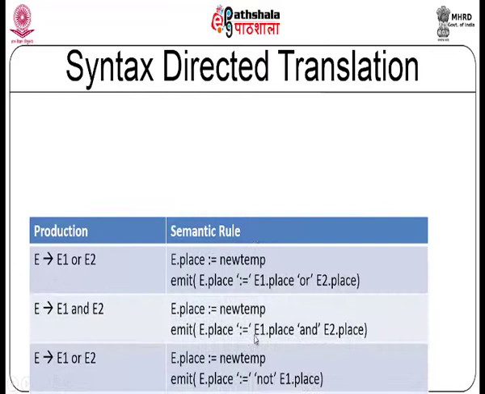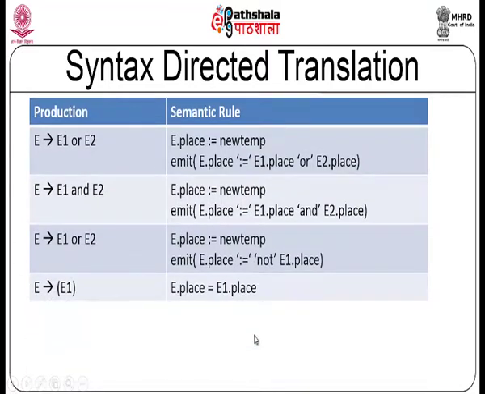Now, let us look at the syntax directed translation for this. This is just one way. We will be revisiting Boolean expressions in multiple ways as and when we encounter them. This syntax is similar to a normal expression, but we will evaluate this using the OR operator. When I say an OR here, I am emitting three address code.